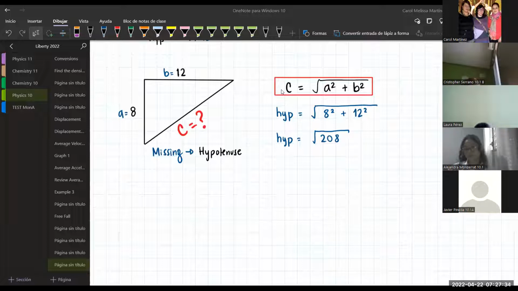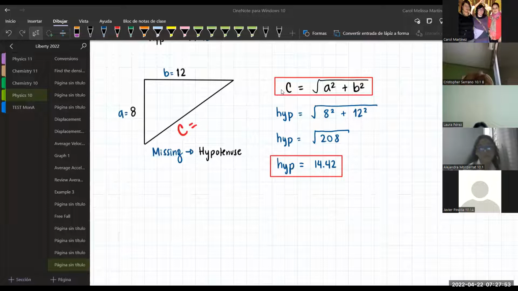And then the square root of 208 gives you how much? 14.42. So we now know the hypotenuse is not unknown anymore. It is 14.42. That's the first thing that we do with a right triangle.